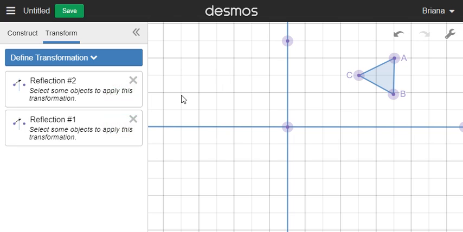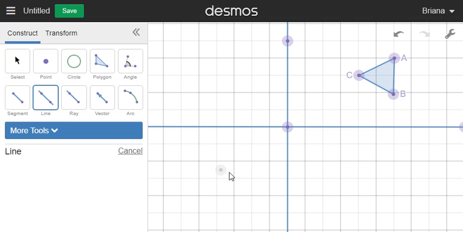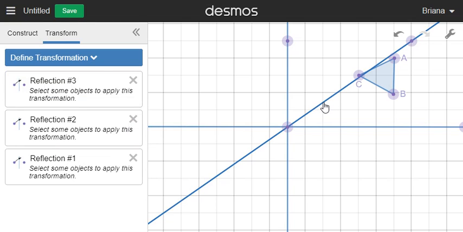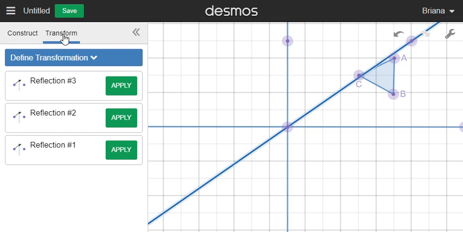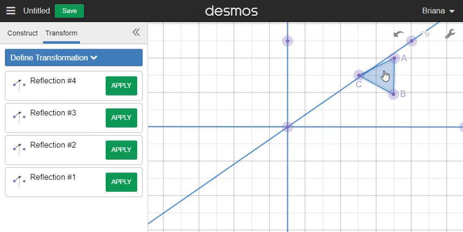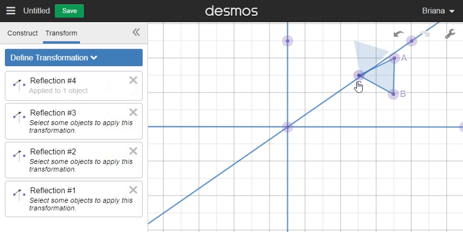We construct, choose a line, and we want y equals x. That's that line right there. Now we do a transformation where we do a reflection. We're choosing this line to reflect this object. We apply, and it flips. So those are just reflected across that line.